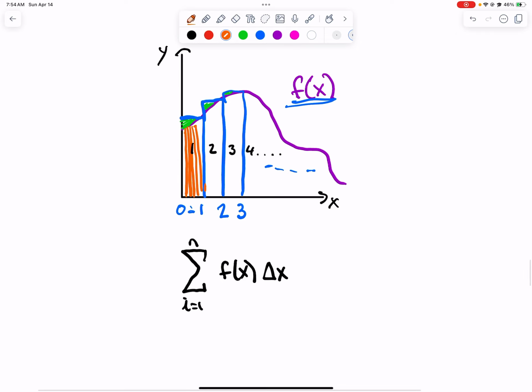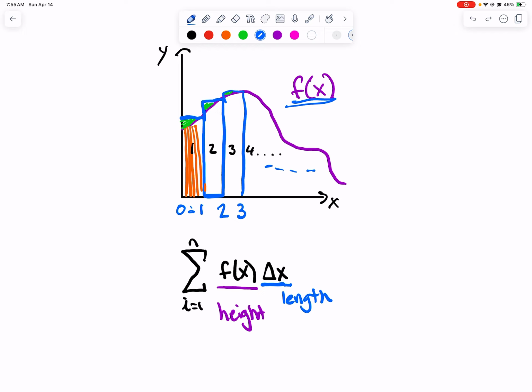The function f of x here, I'm going to go in purple, this is our height. And this change in x, that's delta x, this would be our length or base, however you want to describe that, but this describes this length across. The height would be how high up we are going with the purple line there, our function f of x. And we would do this for every piece and add them all together.